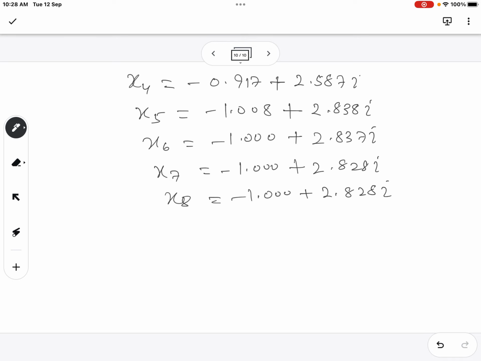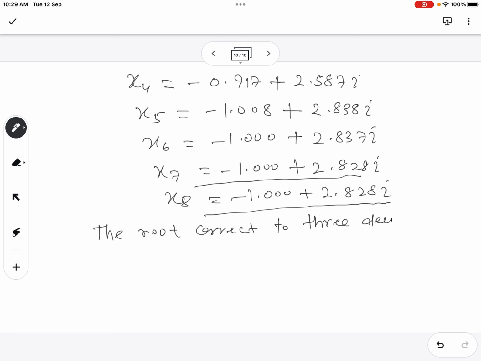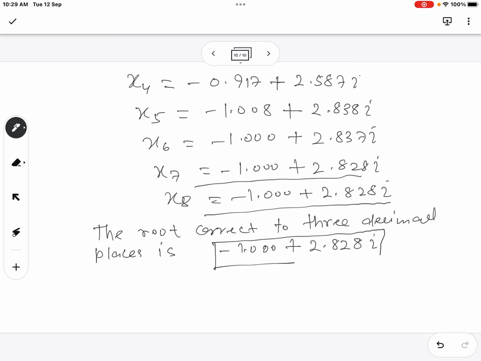As we see, the 7th and 8th approximations are the same up to third decimal place, so the root correct to 3 decimal places is minus 1 plus 2.828i. This is one of the complex roots.